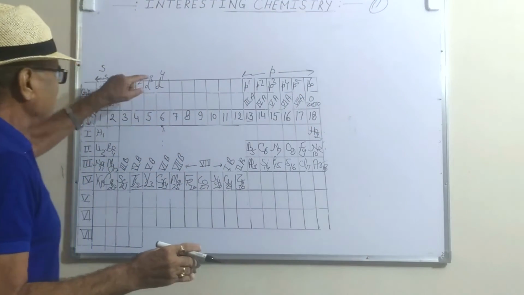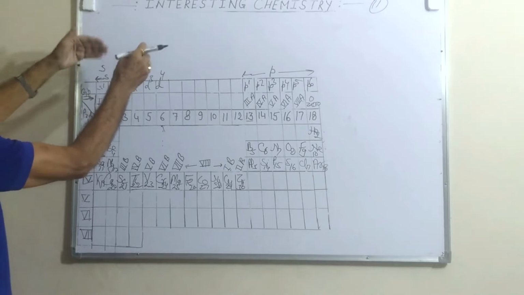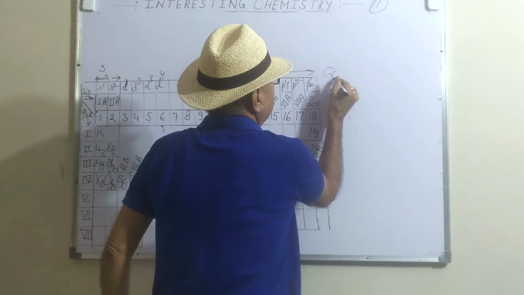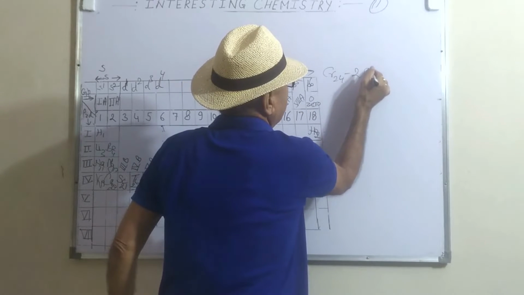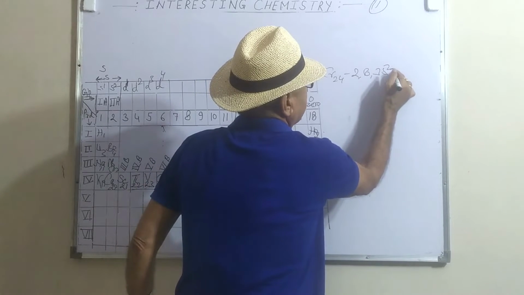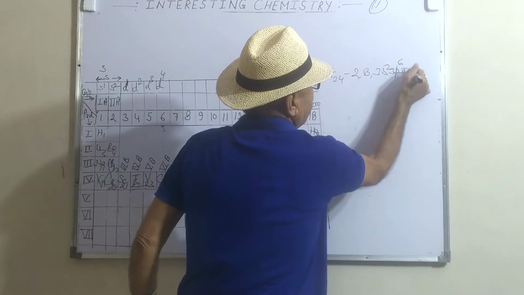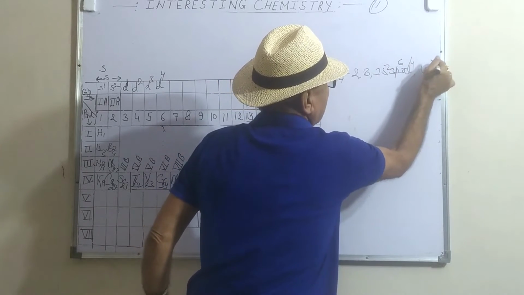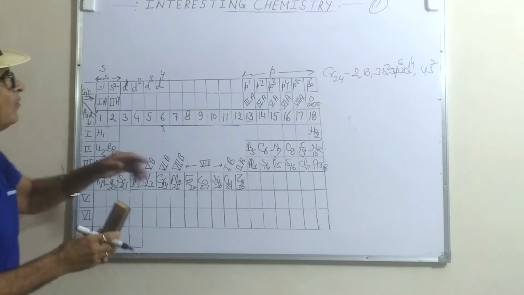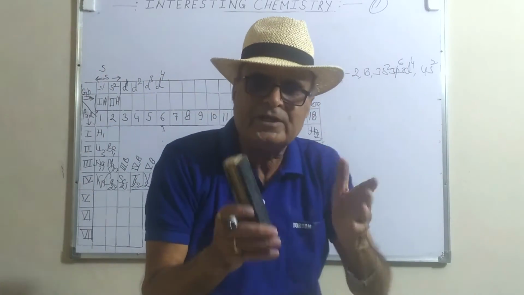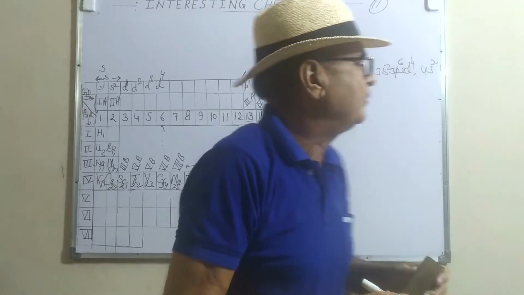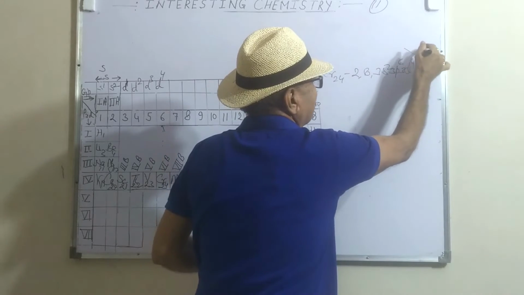According to the modern periodic law, chromium is 24, so the electronic configuration of chromium must be 3s2, 3p6, 3d4 and 4s2. 4s2 from calcium and the d opens, D1, D2, D3 and D4. So it is D4 according to the modern periodic law. But it will be wrong.